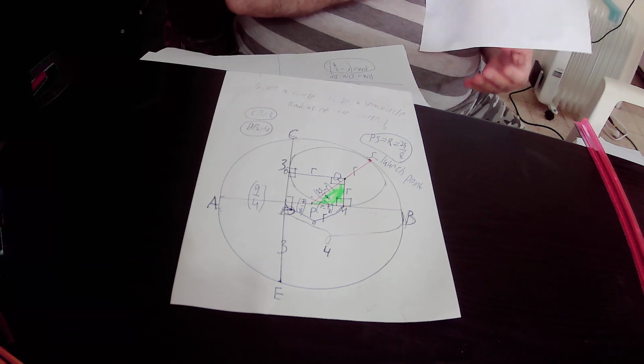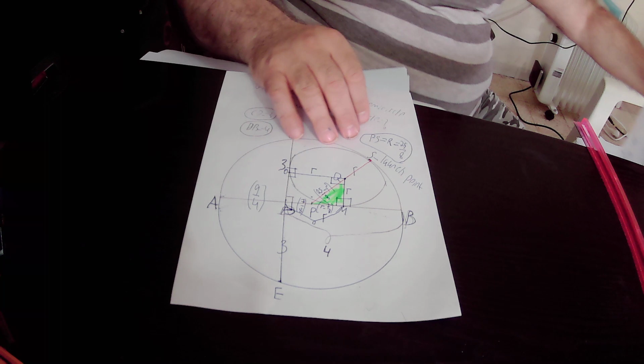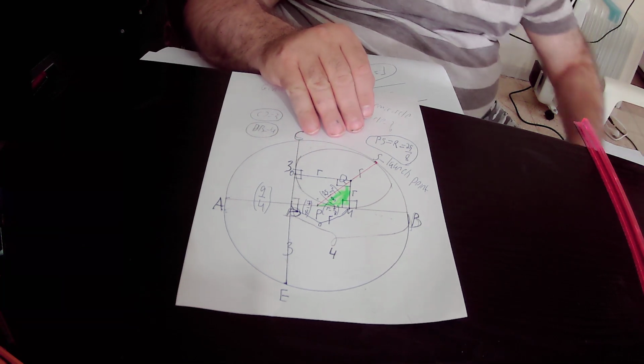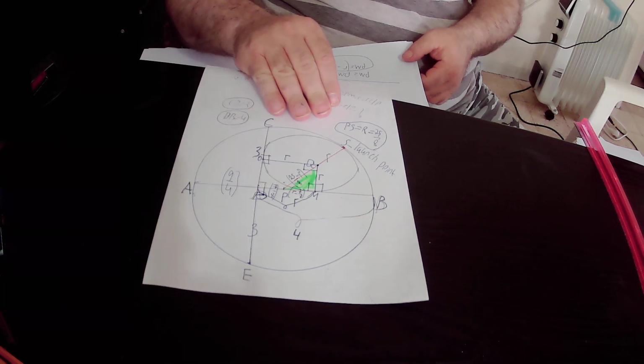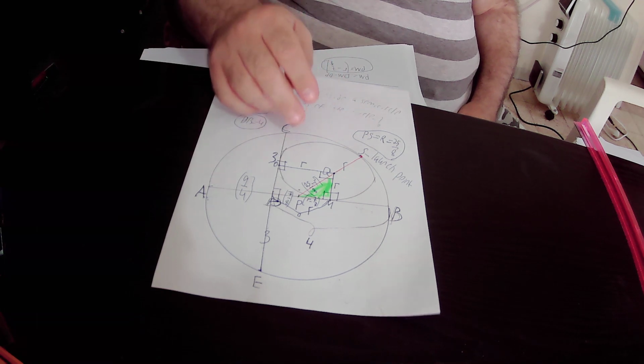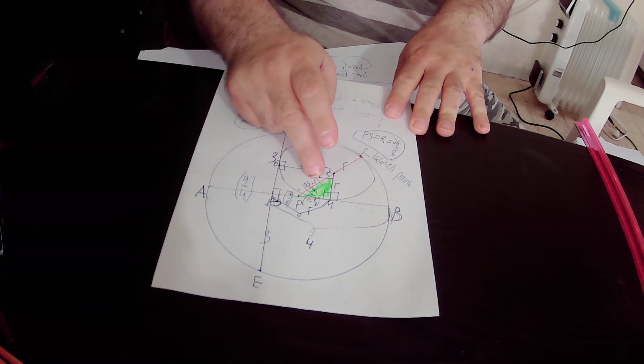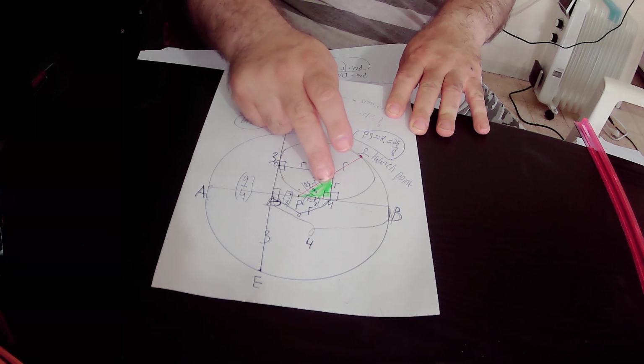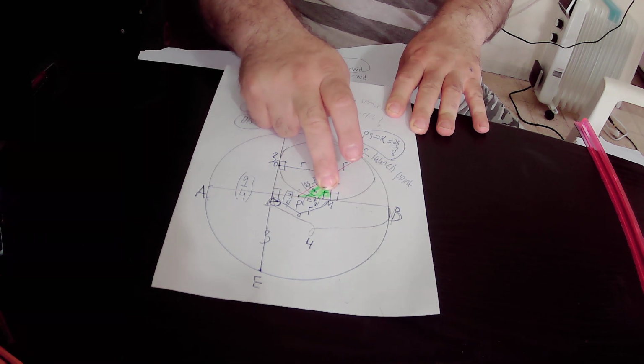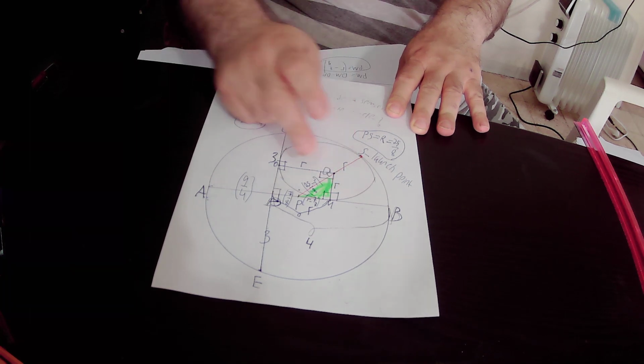In the next step, we define the point of tangency of tangent DB with this small circle as point M. This is the point of tangency of tangent DB with this small circle.